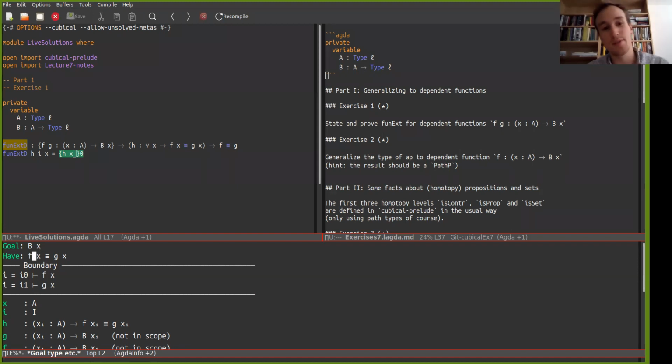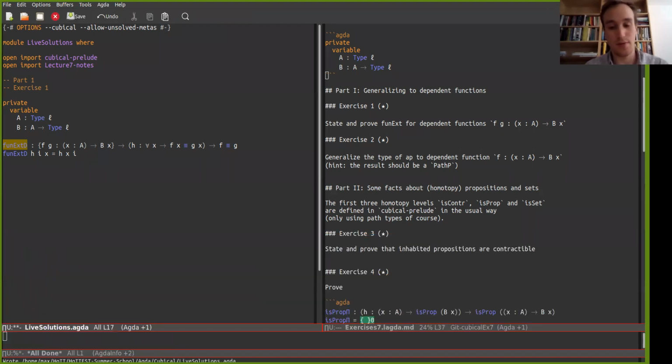Well, we sort of got this, right? We just have to give the interval variable to this path. And like this, happy. And this line reads exactly the same as for the non-dependent case. It's just sort of the flip of the interval variable with the x.